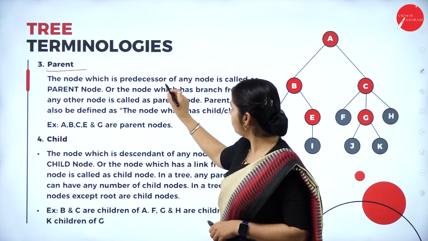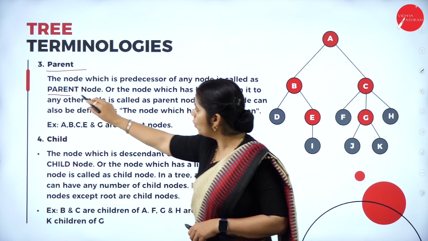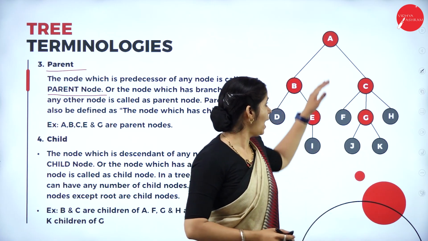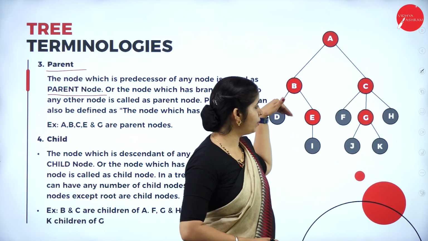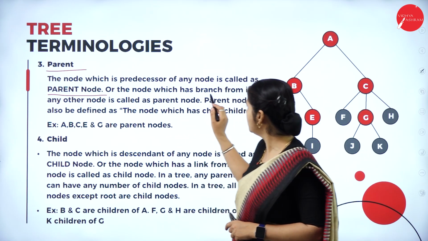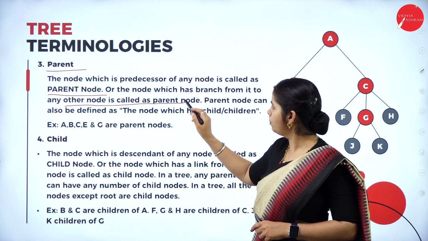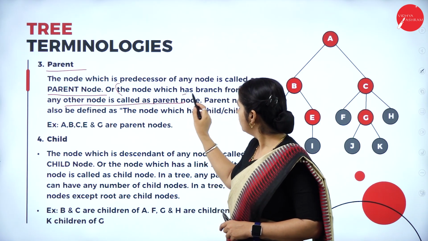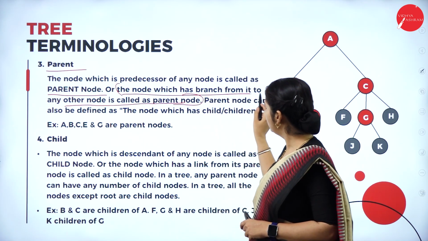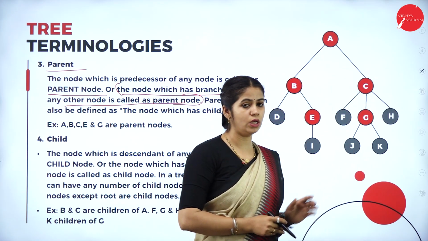The node which is a predecessor of any node is called a parent node, or the node which has a branch from it to another node is called a parent node. You can make a note of that.